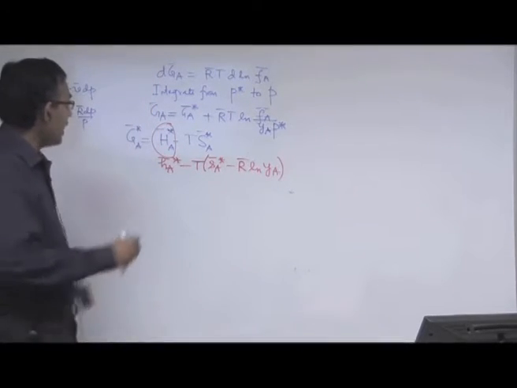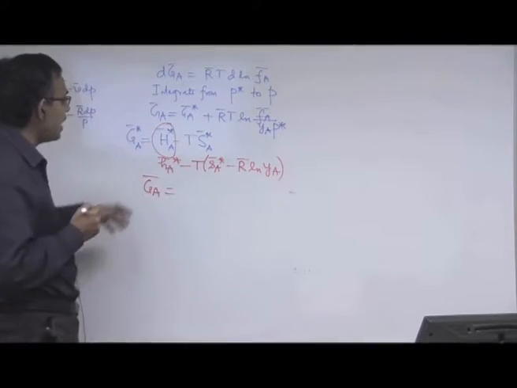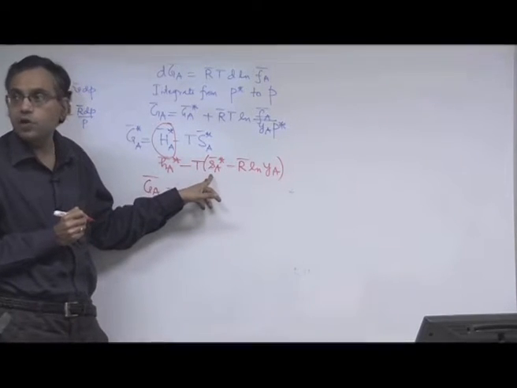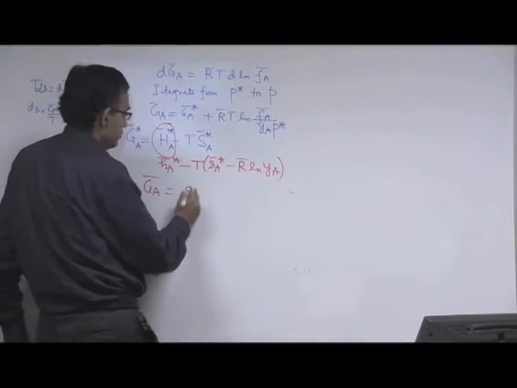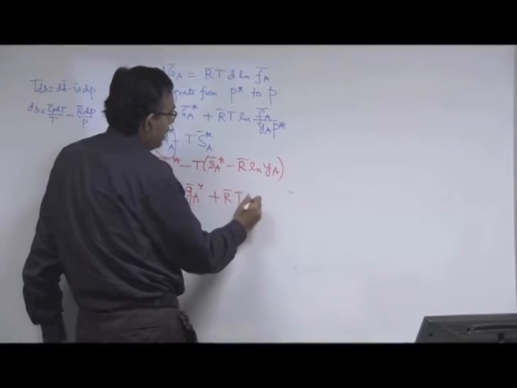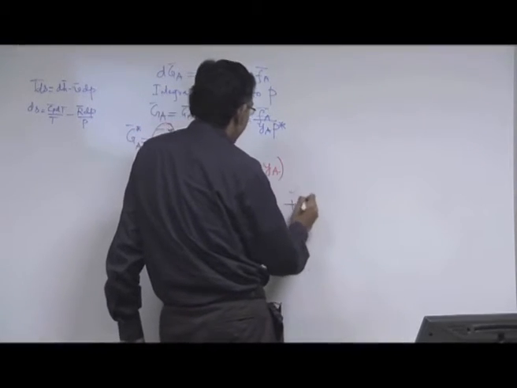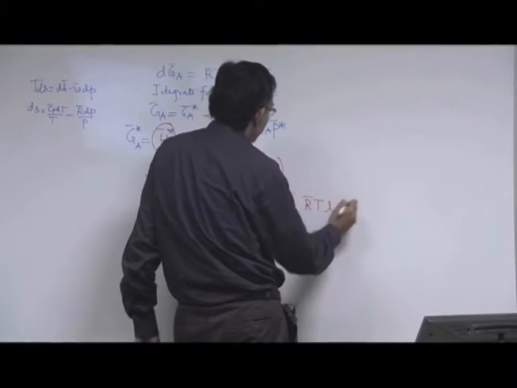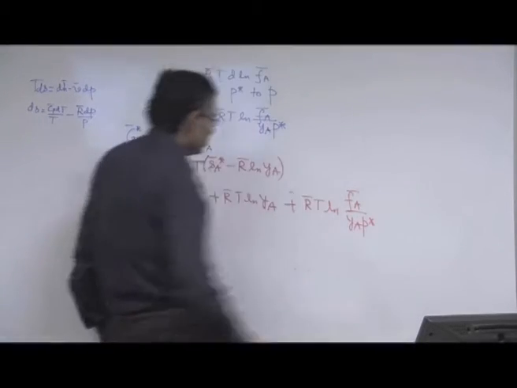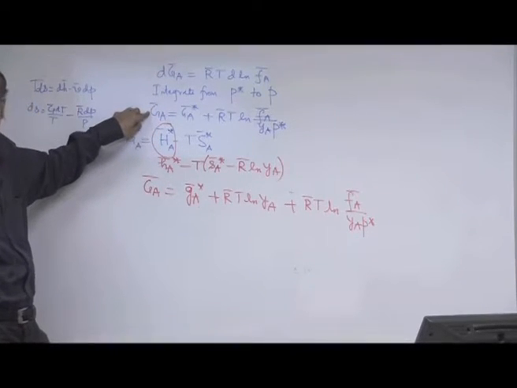So when you write Ga in place of Ga star, what is this? H star minus T small s star is small Ga star plus RT ln Ya plus RT ln F bar A by Ya P star. From this expression we have written this.